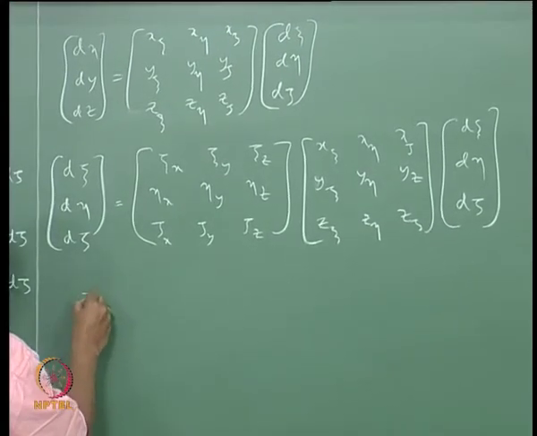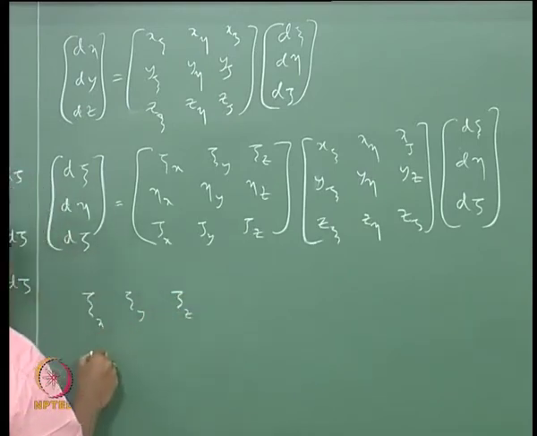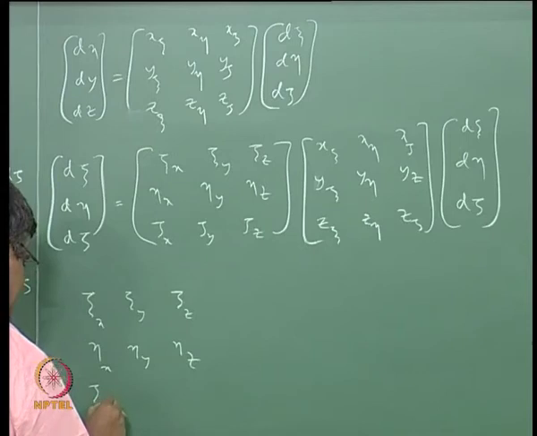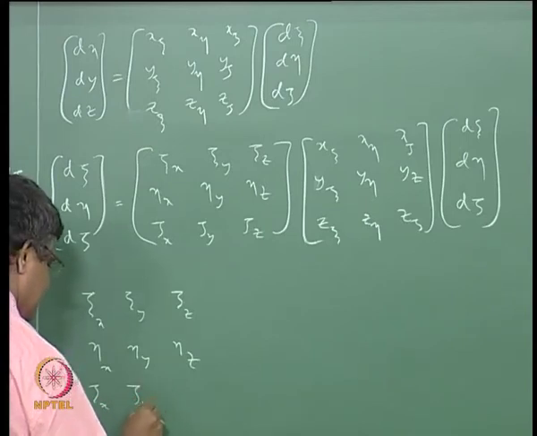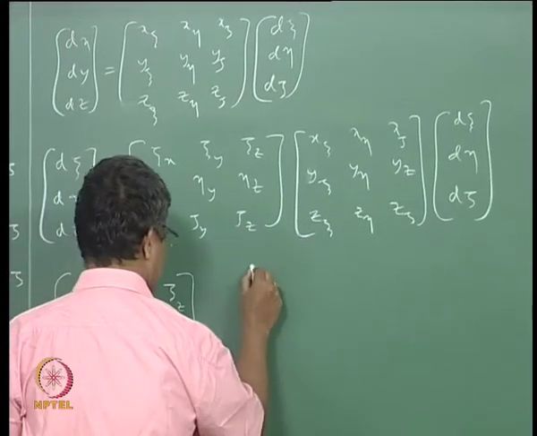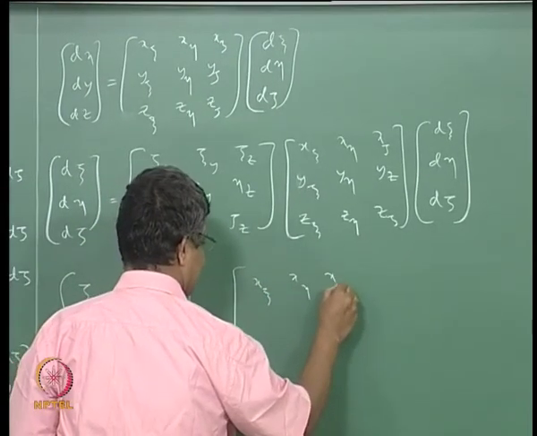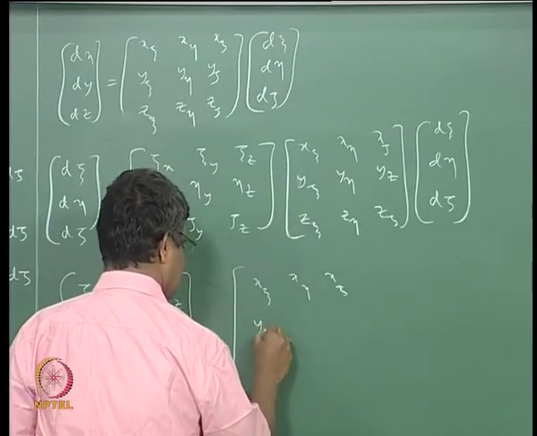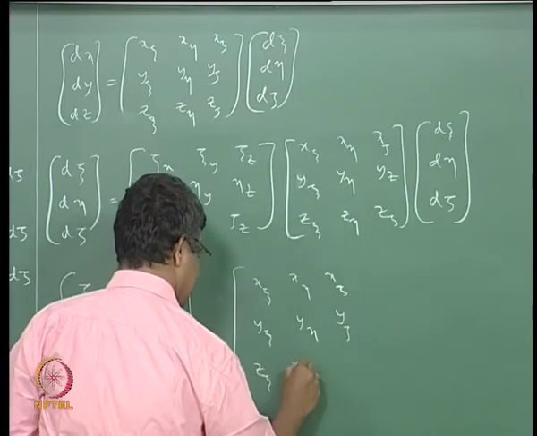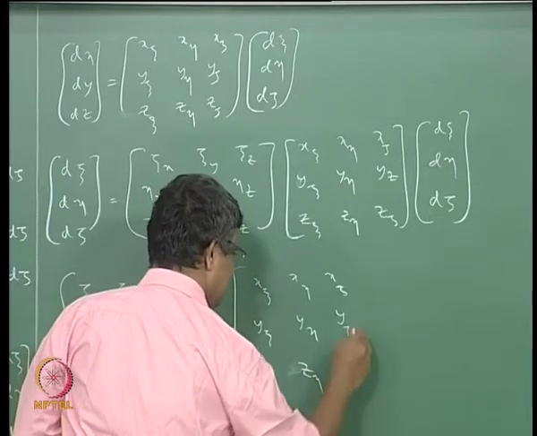a very useful result: the matrix psi x, psi y, psi z; eta x, eta y, eta z; zeta x, zeta y, zeta z is equal to the inverse of the matrix x psi, x eta, x zeta; y psi, y eta, y zeta; z psi, z eta, z zeta.